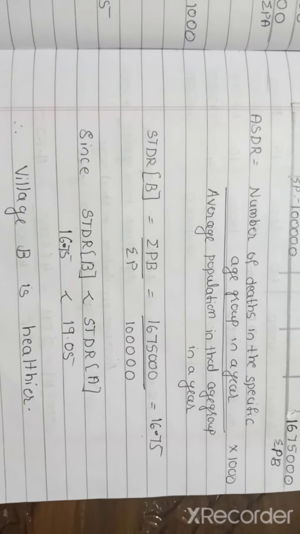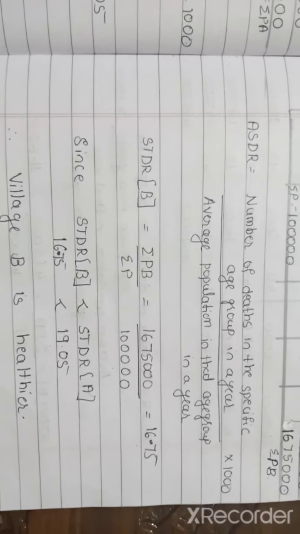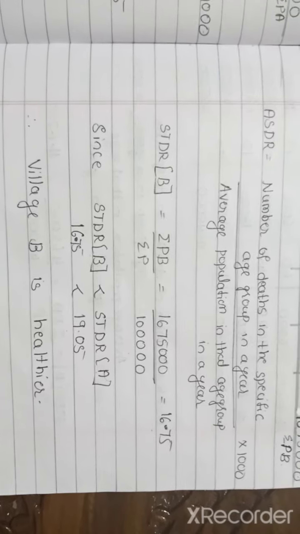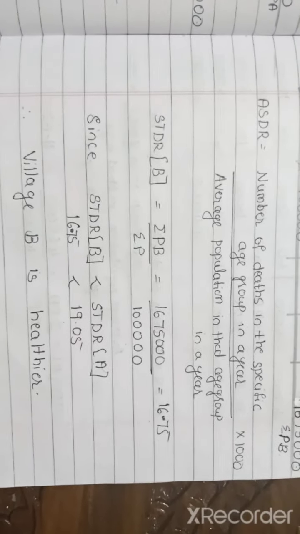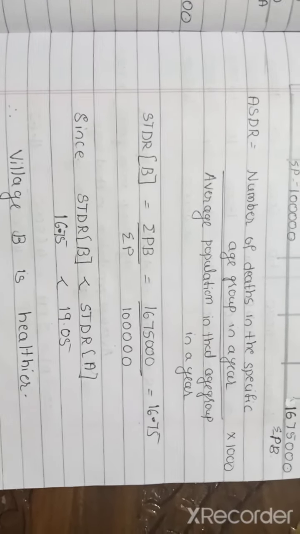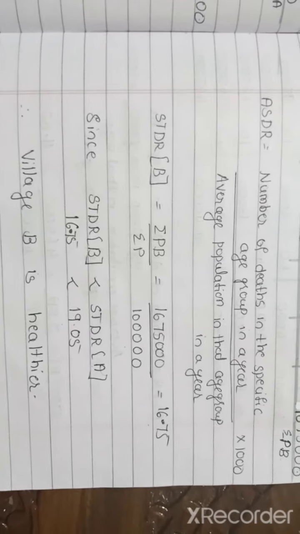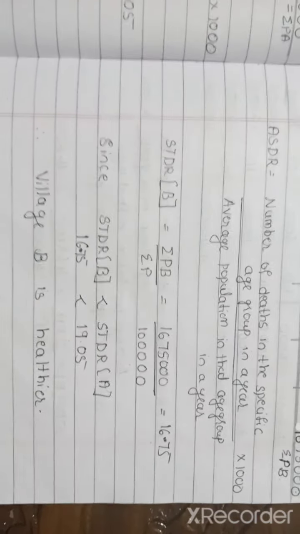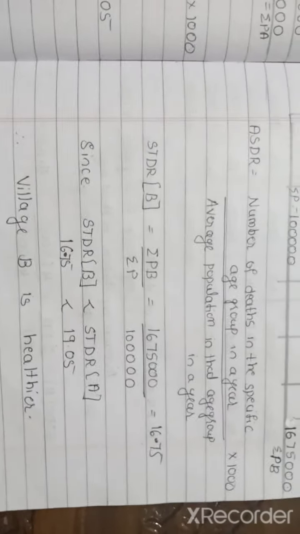But the drawback is that the standard population is required as an extra column, and it is difficult to select the standard population. It is dependent on the age structure of the standard population. Age structure should be same for a particular village as well as for the standard population.